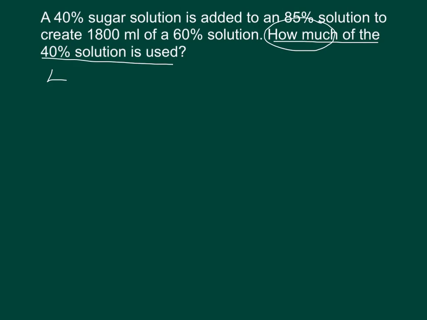So we're going to say let x represent the amount of 40% solution. I'll just write SLN, short form for solution.